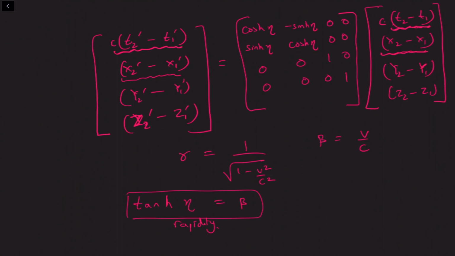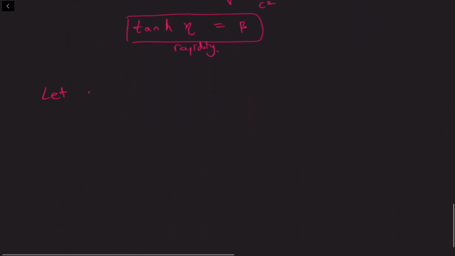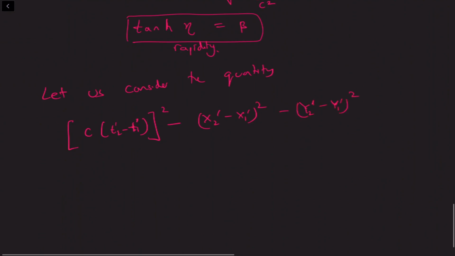However, let's consider a different quantity. Let's consider the quantity c times (t2 prime minus t1 prime), the whole square, minus (x2 prime minus x1 prime), the whole square, minus (y2 prime minus y1 prime), whole square, minus (z2 prime minus z1 prime), whole square.